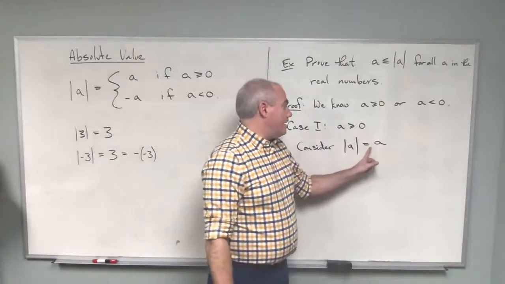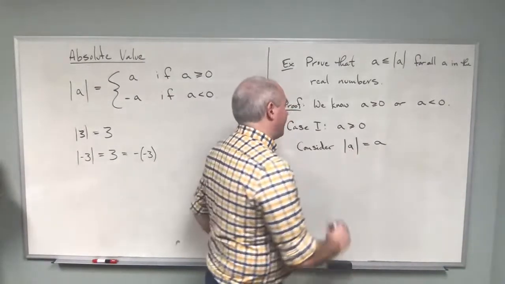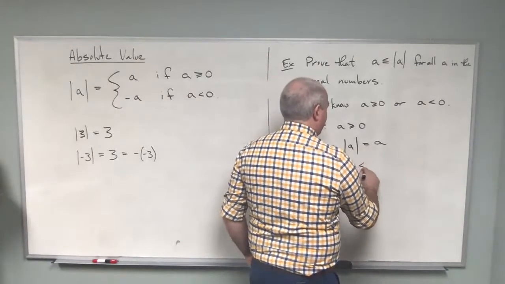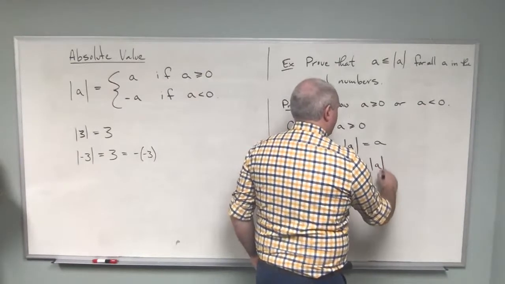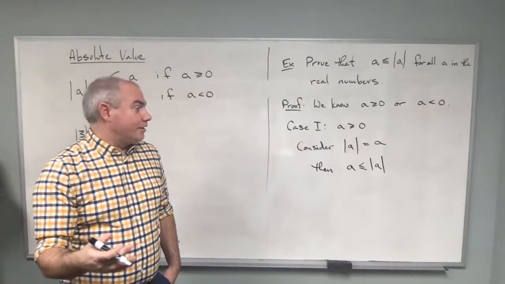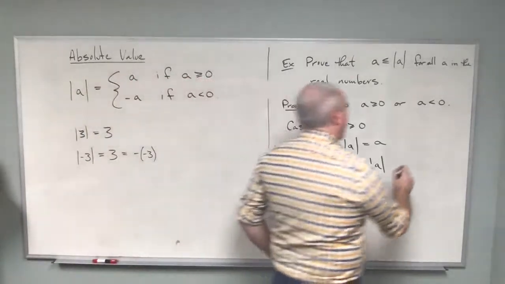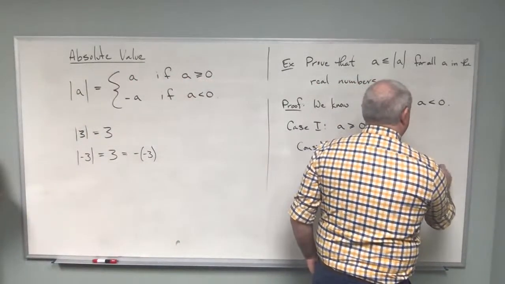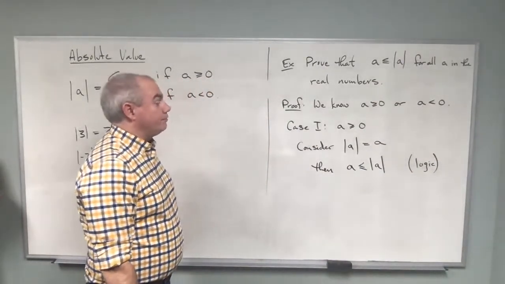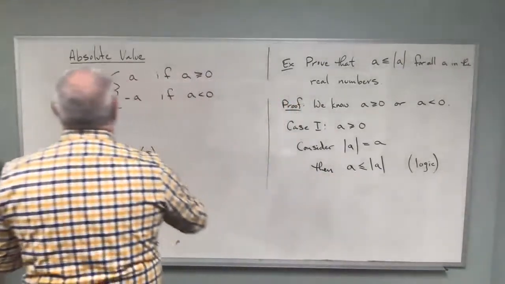So A equals the absolute value of A. But if A equals the absolute value of A, then A is less than or equal to the absolute value of A, just by ORing on the less than. Okay, so this is just by logic. And that's what we wanted to show, that A is less than or equal to the absolute value of A. So now we have a second case.